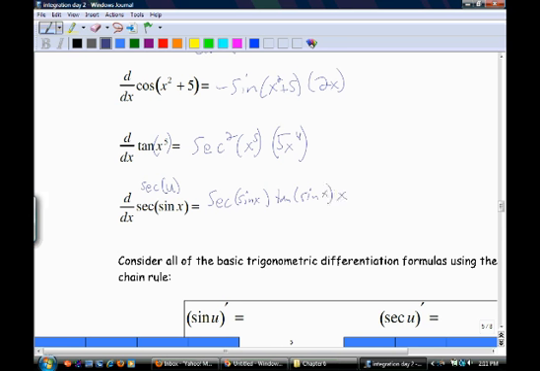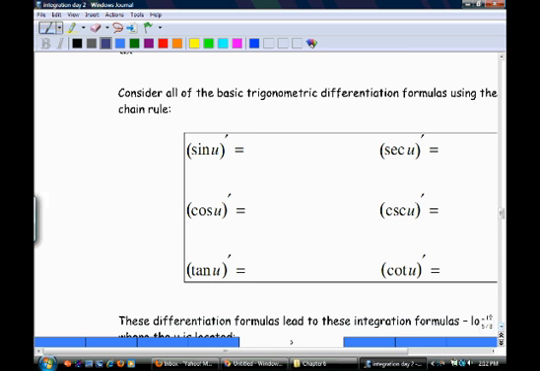So every time I take the derivative, I have to multiply by u prime. Negative sine u, I have to multiply by u prime. Secant squared u, and I have to multiply by u prime each and every single time.